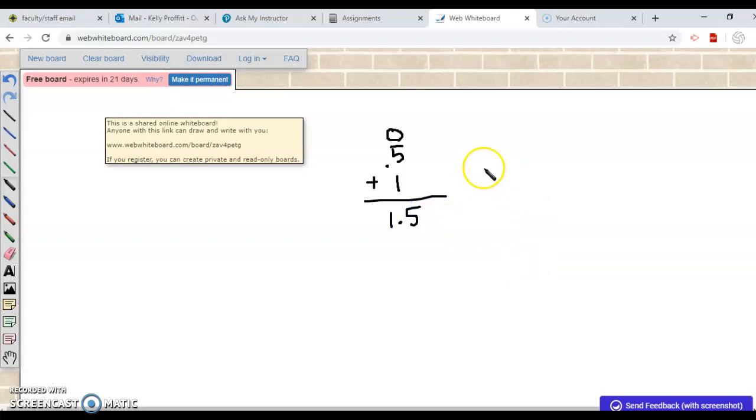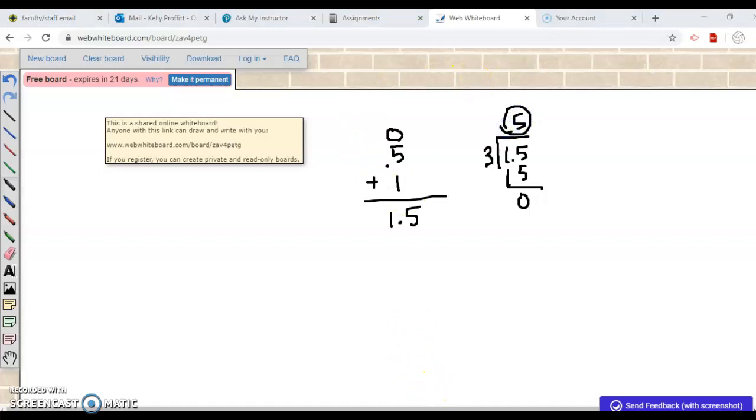Now again, the mean is the average, so since there's 3 numbers here, you would divide the 1.5 by 3. And when you divide, 3 goes into 15 5 times, you will see that the mean of the sample proportions is 0.5.